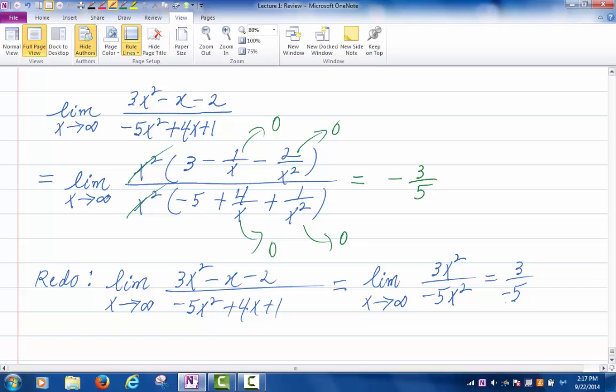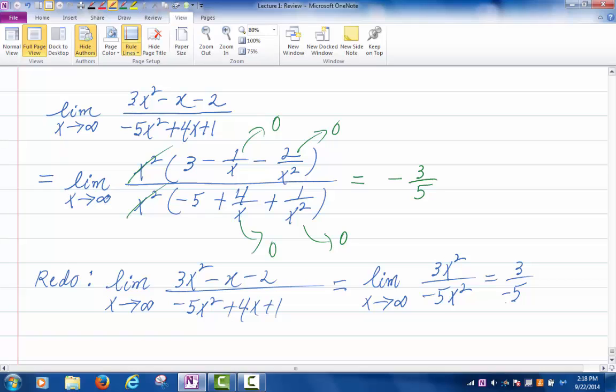The reason I don't say it before I do it the other way is because this one gives you a good justification why the limit is negative 3/5. If I just tell you this, you wouldn't know why it is true that the limit is determined by the dominating terms.